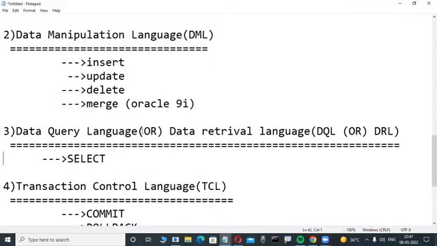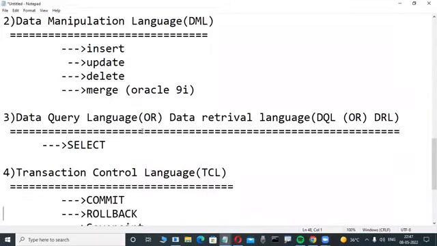Just note down these commands. Once you have noted them down, I will tell you why they are given like this, where we use them, and what these commands are. Practically we will show everything.